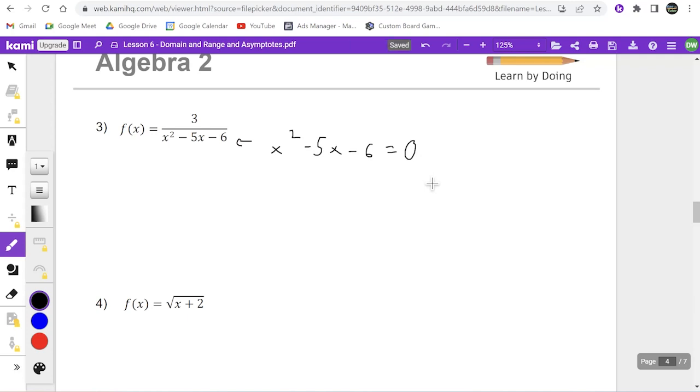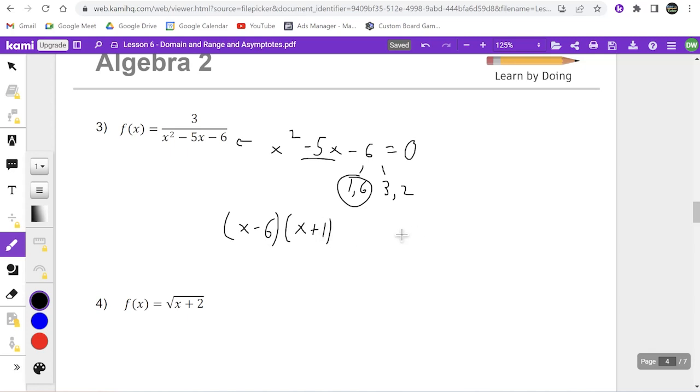Well, remember, whenever you have an x squared, you can factor it. We can factor this. The factors of 6, it's either going to be 1 and 6 or 3 and 2. Since that negative sign right there means that one's negative, one's positive, and you need to add or subtract them to negative 5, I think 1 and 6 are going to make the most sense here. In other words, it's (x minus 6) times (x plus 1).